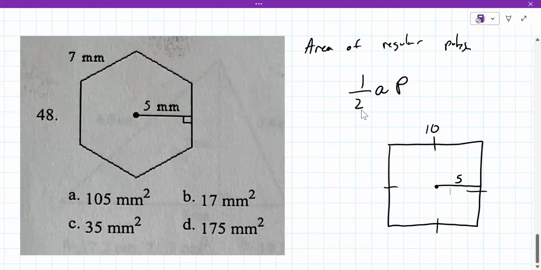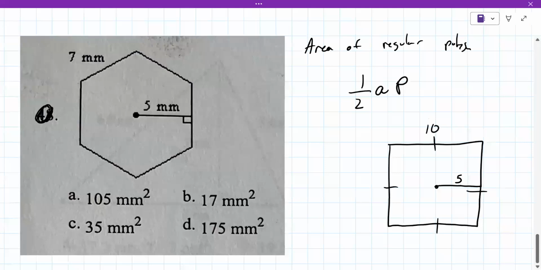So sometimes it's good to use an example of something you know. But you obviously have to do it for this one. So if you could work this out, let me know what you come up with.